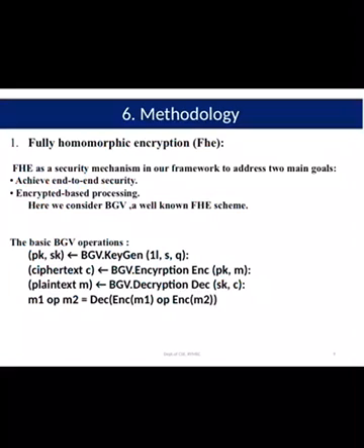The second operation is the encryption algorithm, which has two inputs, the public key Pk and the plaintext message M. The output is a ciphertext C that is homomorphically encrypted.